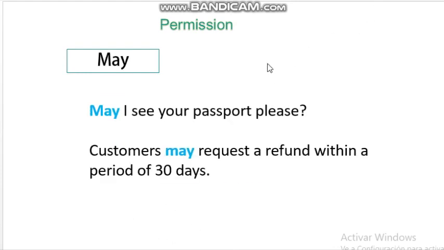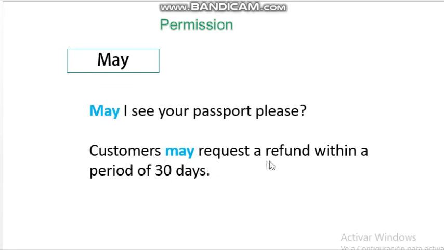Now we are going to see another modal, which is may. The same, it talks about permission. May is the most formal way to ask for and give permission. "May I see your passport, please?" May is more formal than could.